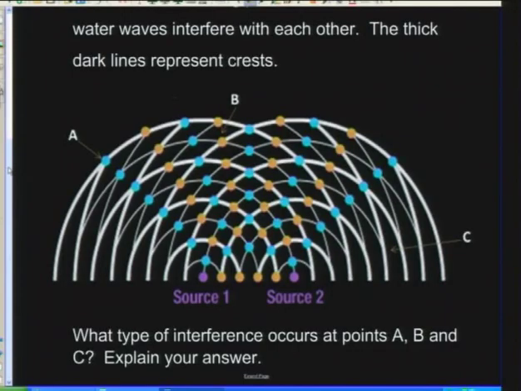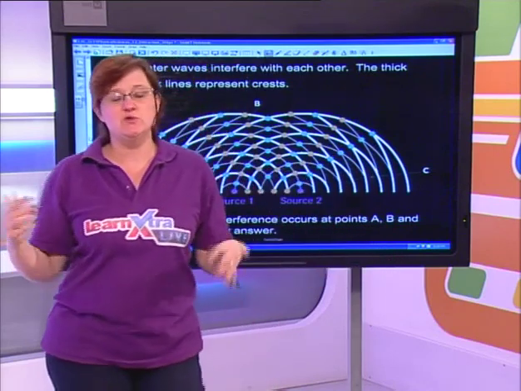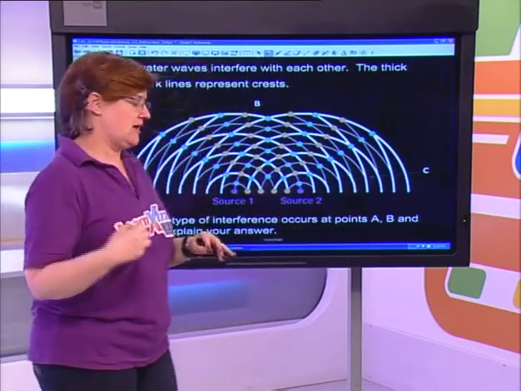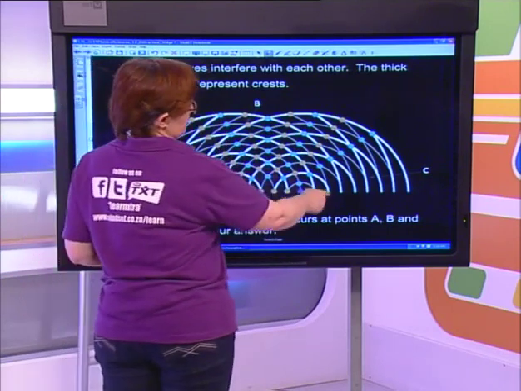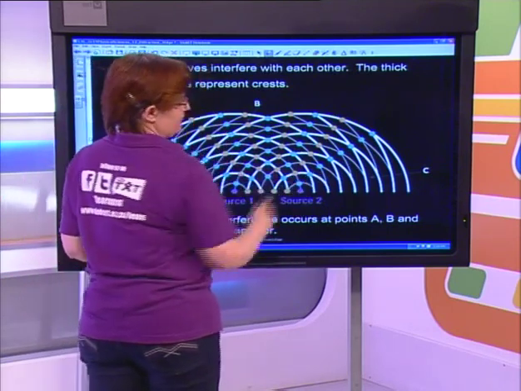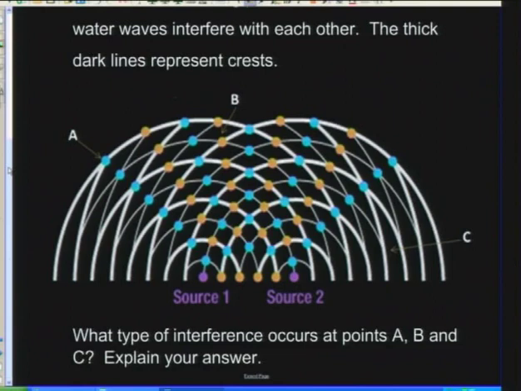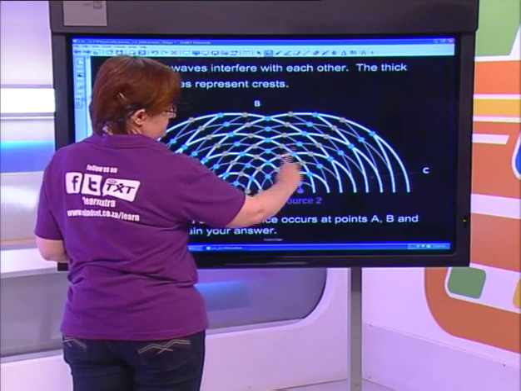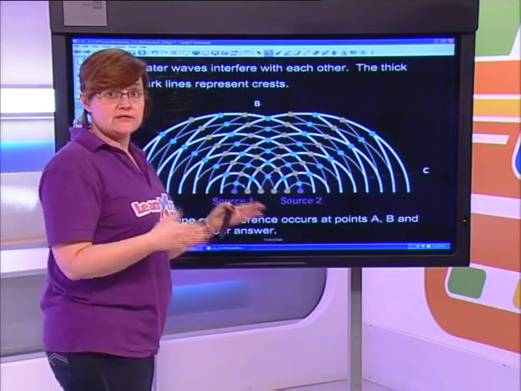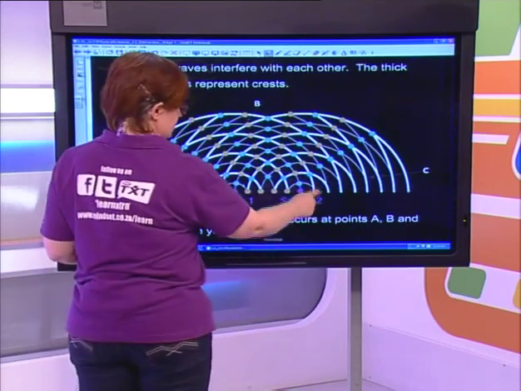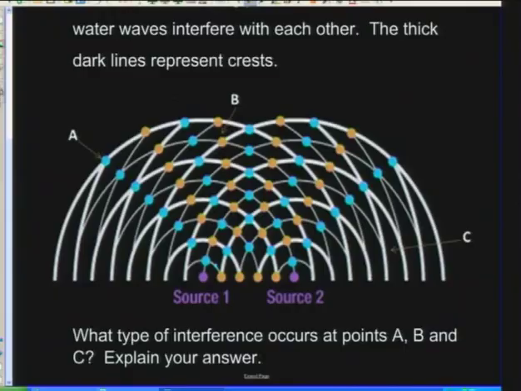Now, in order for us to describe or draw the waves, we draw them as wave fronts, which we'll do again a little bit later, which means these lines represent either a crest or a trough. We've decided that the thick dark lines represent crests, okay? So wherever I see a thick line, that's a crest. Now, this wave follows the same pattern any other wave does. Crest, trough, crest, trough, crest, trough, okay?